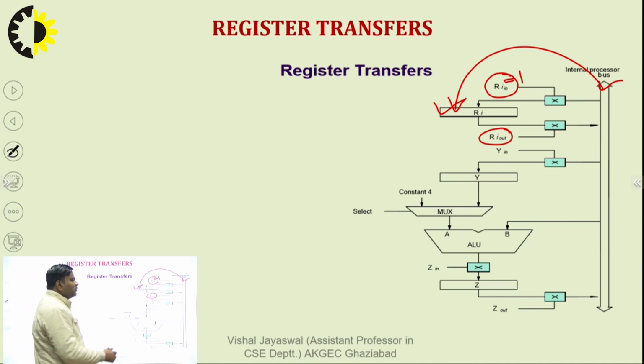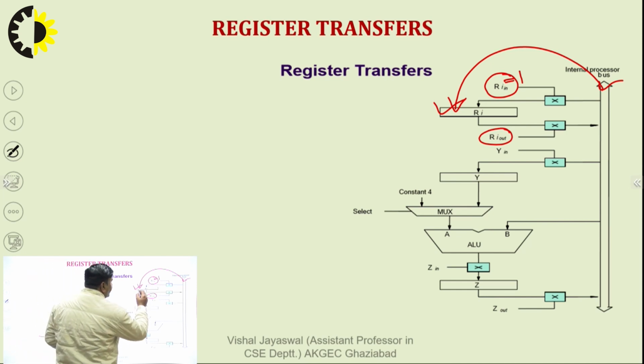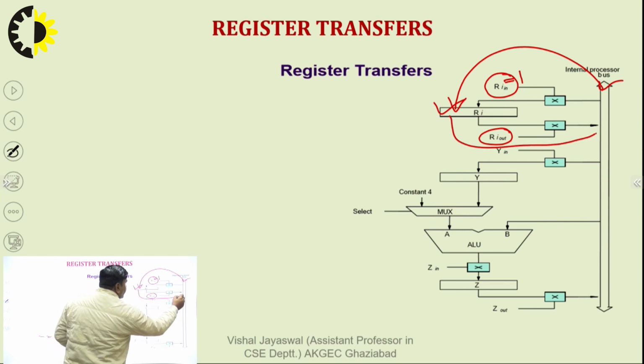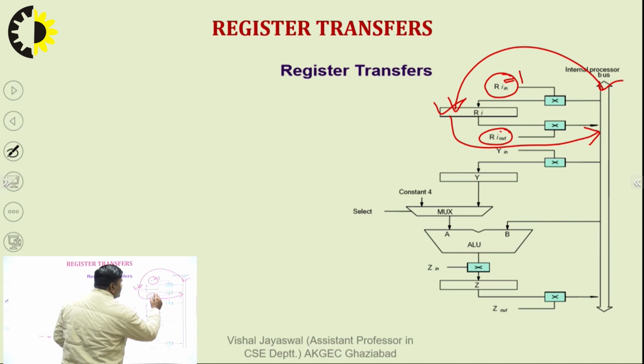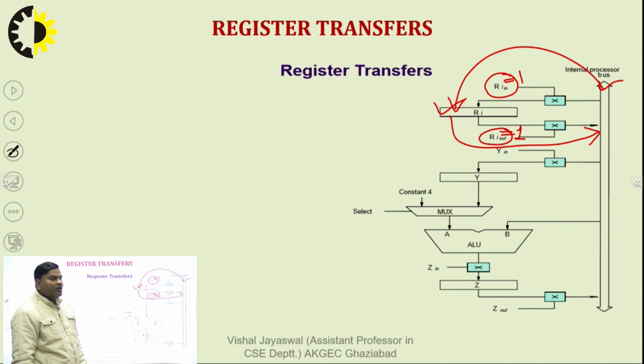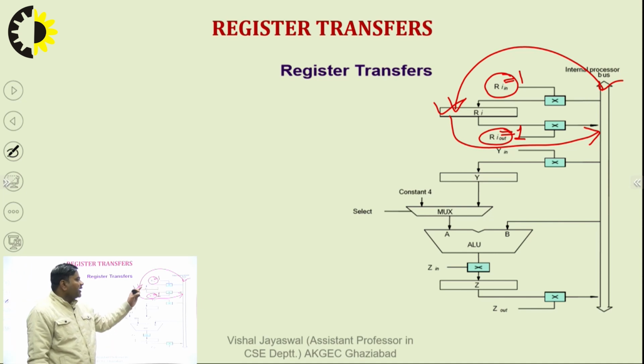If we want to out the content of Ri onto the internal processor bus, then the Ri out value should be 1. If the value of Ri out is 1, then the content of the Ri register goes onto the internal processor bus.